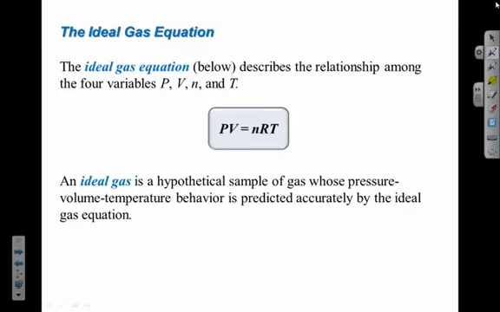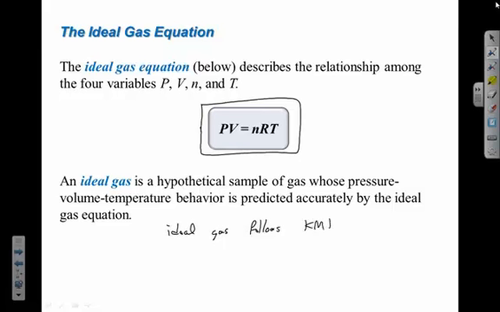Just so you know, the ideal gas law here is not always going to give you the exact correct answer. This equation is very useful because most gases will behave ideally. An ideal gas follows the kinetic molecular theory that we talked about in the beginning of chapter 11.